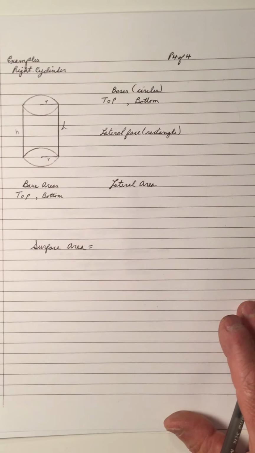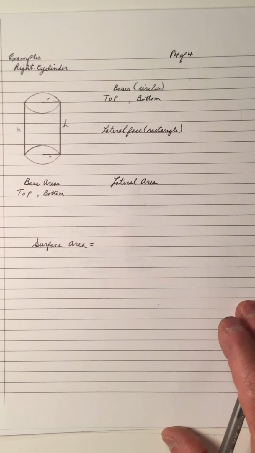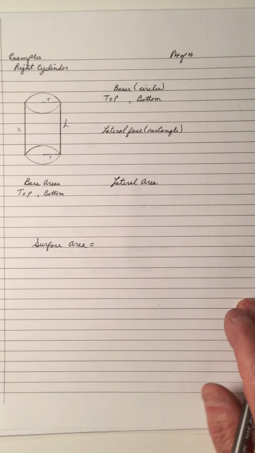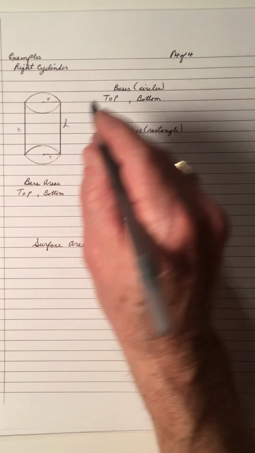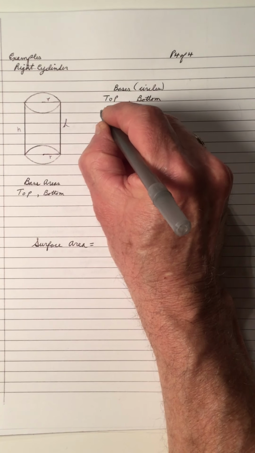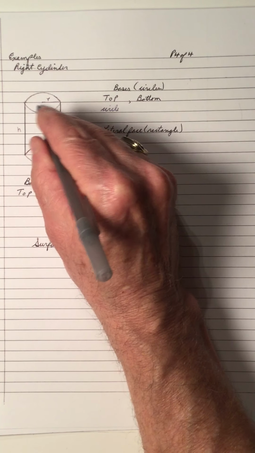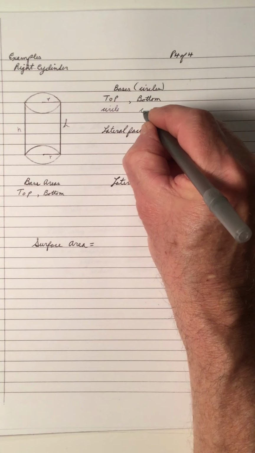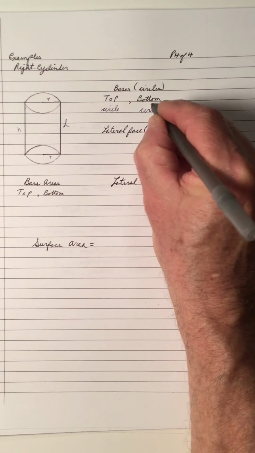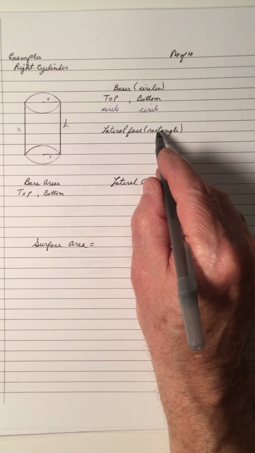So let's look back at our main sheets. Here we go. So this right cylinder has the top, which is a circle, and the bottom, which is a circle. And the lateral face is a rectangle.